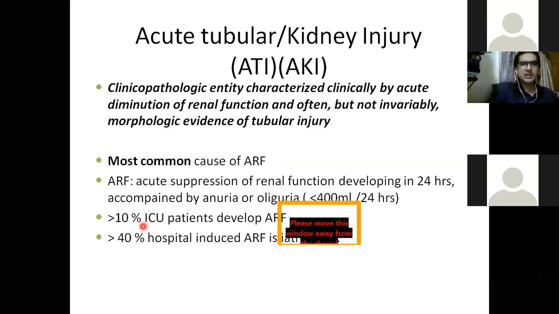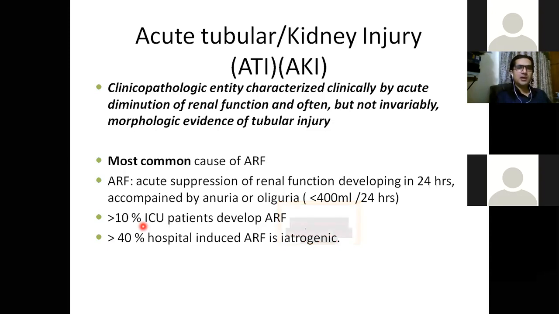Because you know that many of the drugs which are given in ICU settings are nephrotoxic, right? And when a nephrotoxic drug is given to a patient, especially if the patient is an old patient, the dose of the drug has to be adjusted according to the GFR, right?